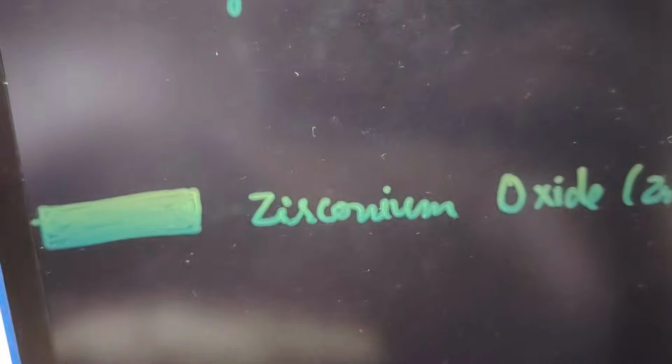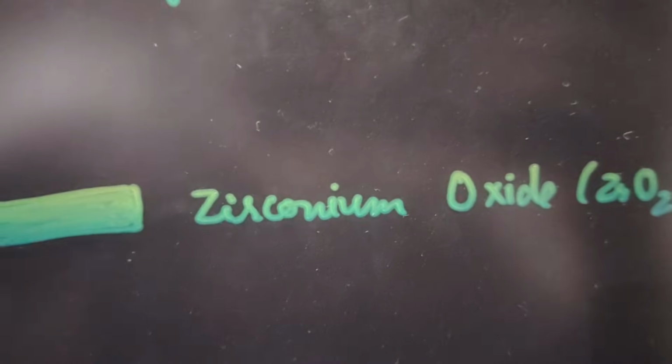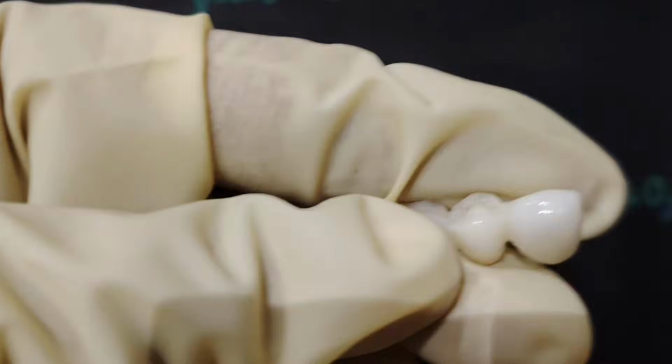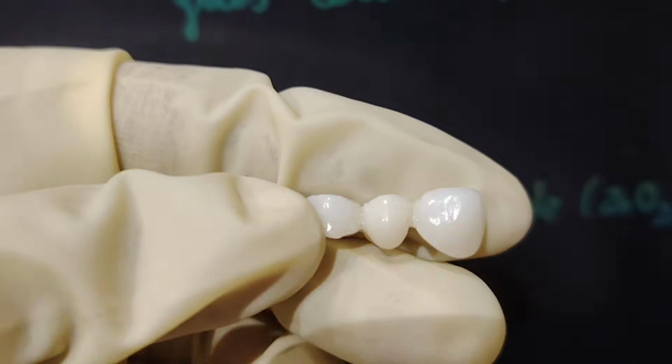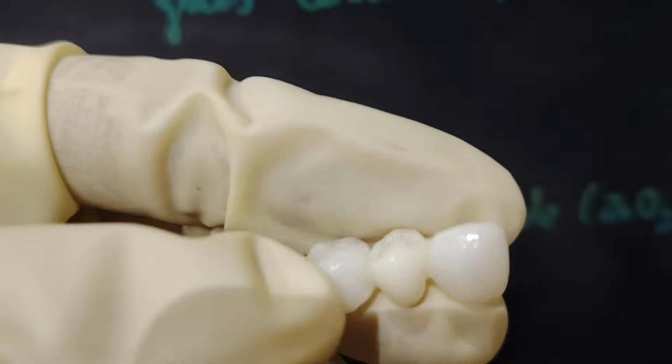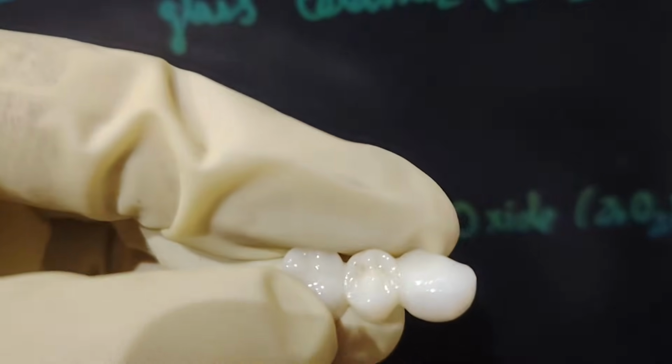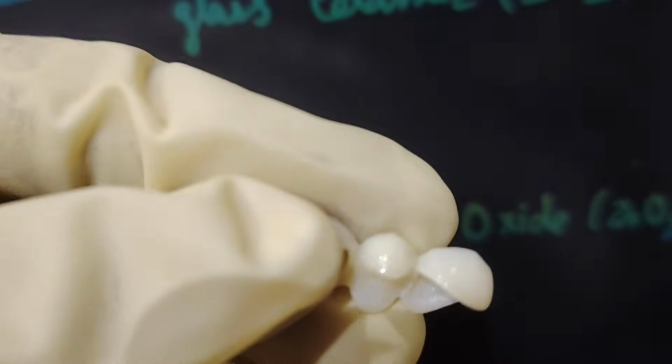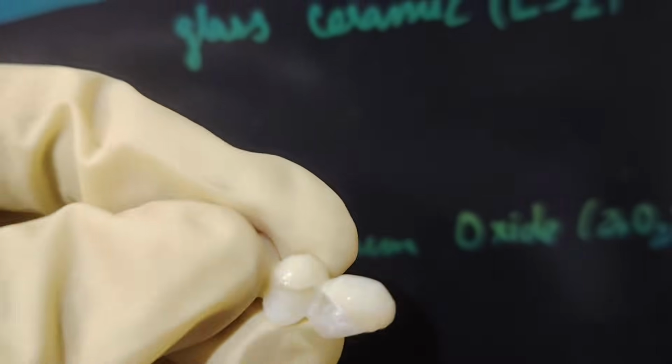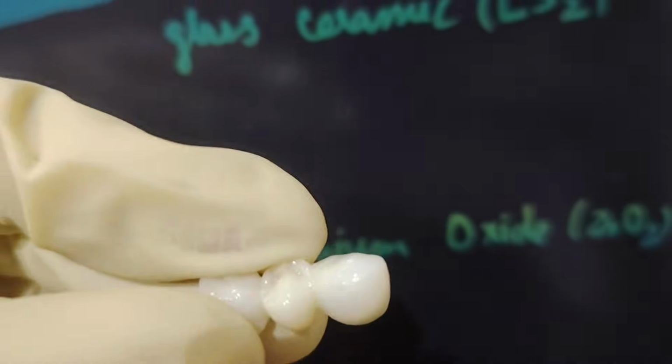Second is zirconium oxide. This is the most efficient. As you can see, this bridge is made of zirconium oxide, Ivoclar CAD-CAM. The advantage is its very high strength.